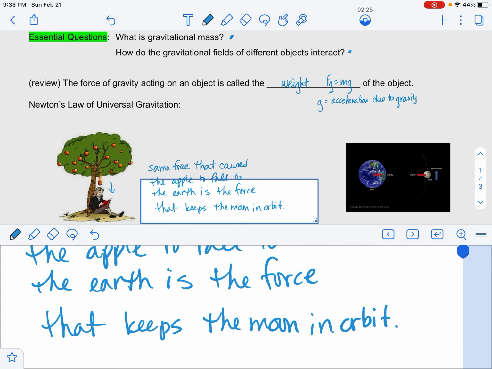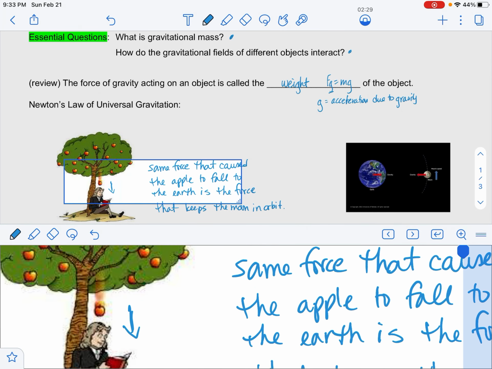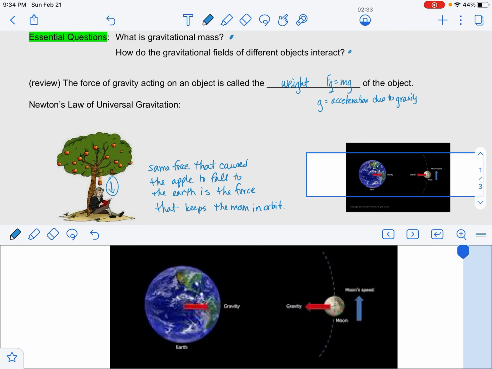Now, if you think about that, that's pretty amazing, right? The same force that made the apple fall from the tree is the force that keeps the moon in orbit around the earth. Okay, so that's pretty startling.